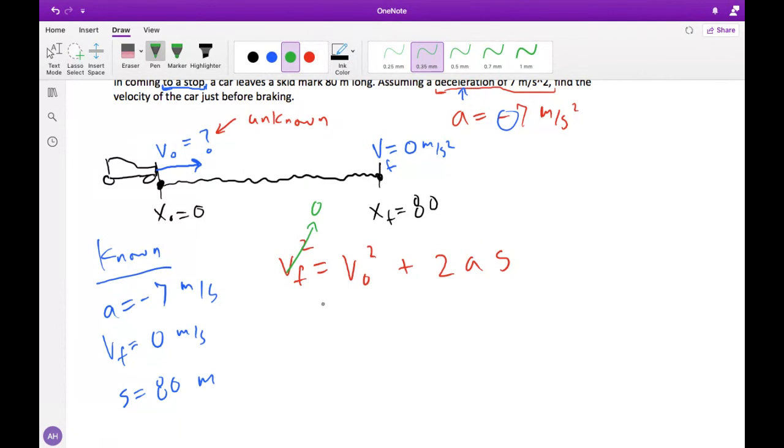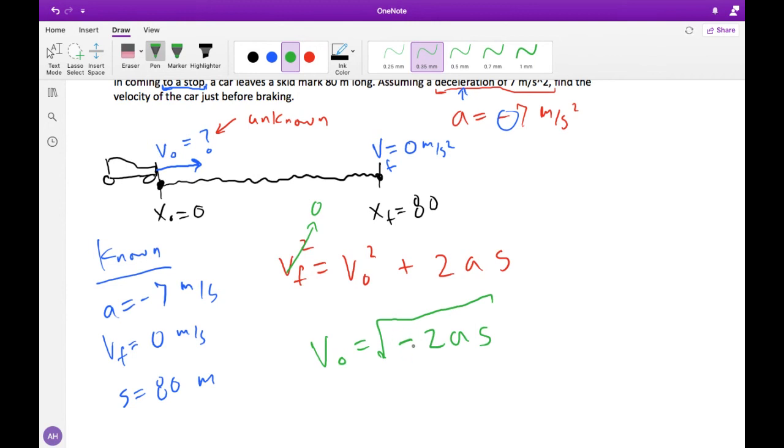So subtracting that over, we see v0 is going to be equal to the square root of negative 2as.